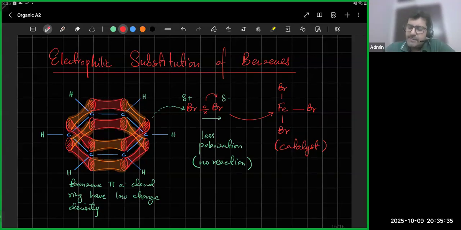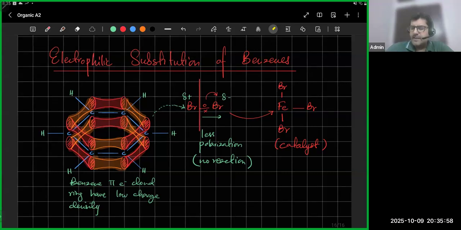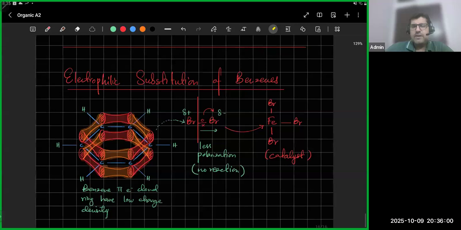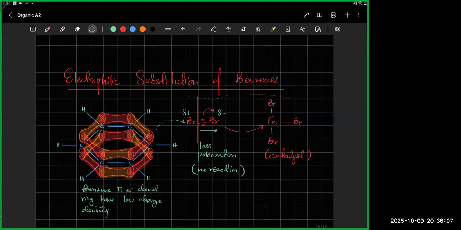So that kind of helps in the polarization, because polarization was not possible by just one benzene over here. That was unable to push the bromine electrons to one side. Catalyst, on the other hand, is doing the rest of the work, and it's trying to pull the electrons from that side. ठीक है, तो ये क्लियर है कि अब इसमें पोलराइजेशन के लिए you need help. ये क्लियर है? Yes.